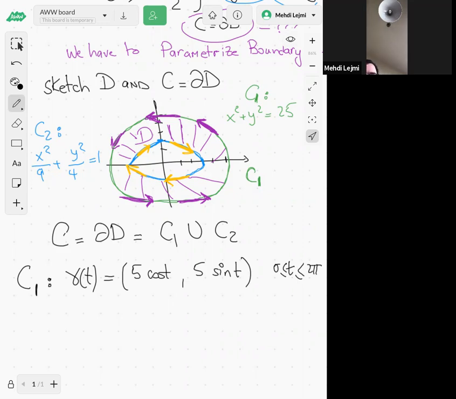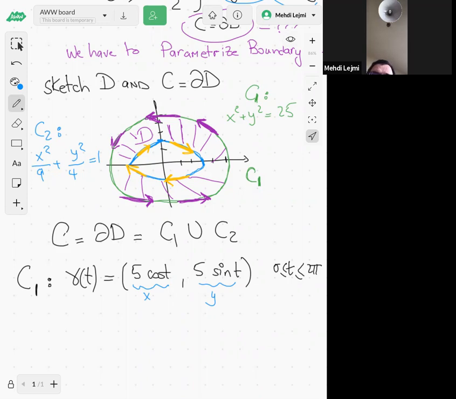This is supposed to be your x of t, and this is supposed to be your y. If you do x squared plus y squared, that will be 25, right? This is the parameterization of your circle. And this parameterization coincides with the given orientation, because as I explained in the previous example, gamma of 0 is the point (5, 0), and gamma of pi over 2 is the point (0, 5).